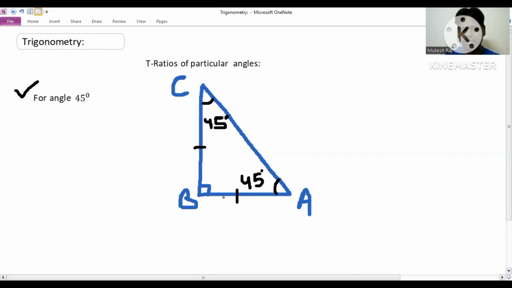If I am going to find the value with respect to angle A, then the base or the adjacent of angle A is assumed to be A units in length. Since it is an isosceles triangle, the side BC, which is opposite to angle A measured as 45 degree, is also assumed to be A units.